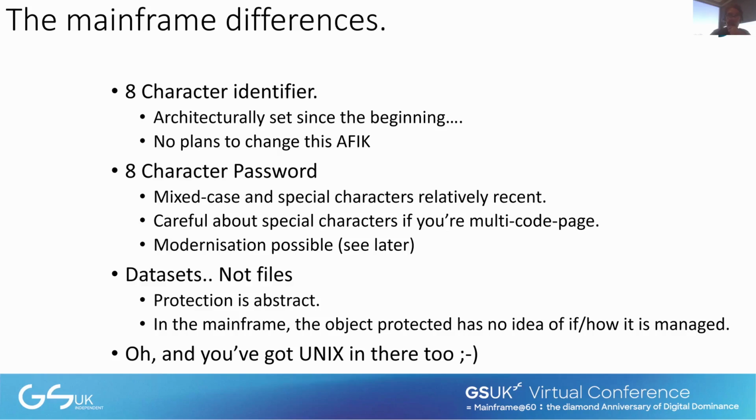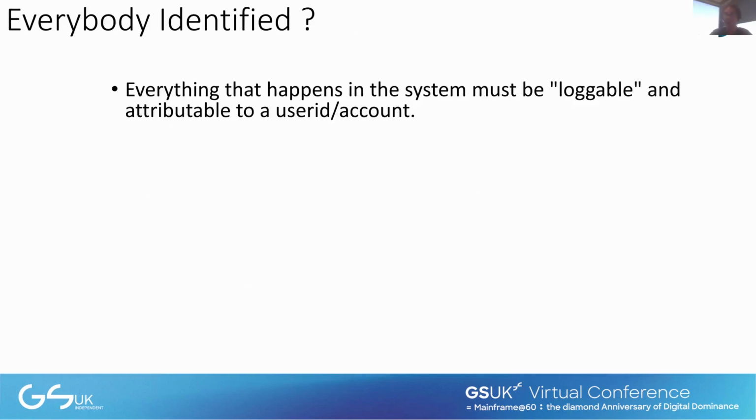So ultimately, I talked about item number 1. Is everybody identified? The idea is that everything that happens in your system must be loggable and attributable to a user ID account. Nobody should be doing anything on the machine that isn't attributable, if at all possible. There are some things that you can't, but we'll see that in a minute.